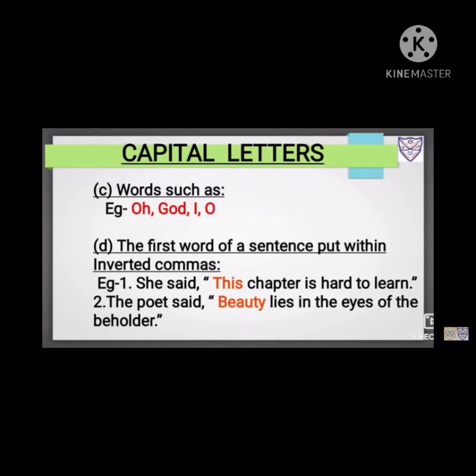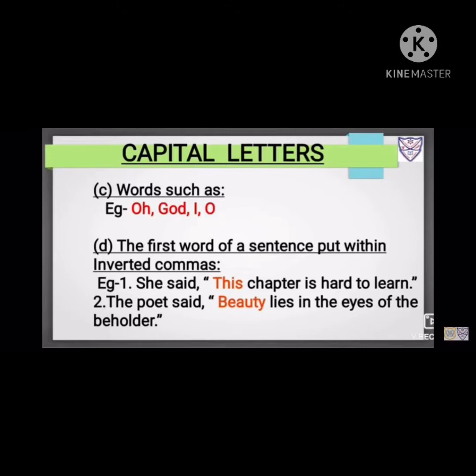Number 4th place, the first word of a sentence put within inverted commas. Even when the sentence is put up with inverted commas, the first word has to be capital. No doubt the sentence first word, first letter has to be capital. Also along with that, if the sentence is put up in the inverted commas, that inverted commas first word, first letter also has to be capital.